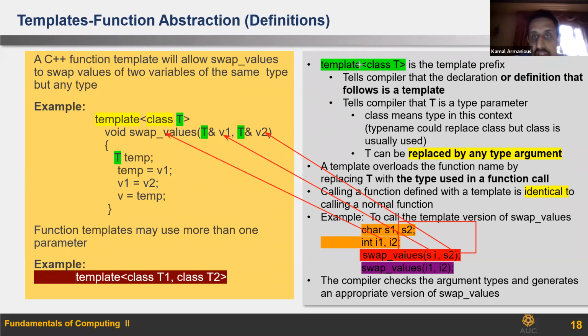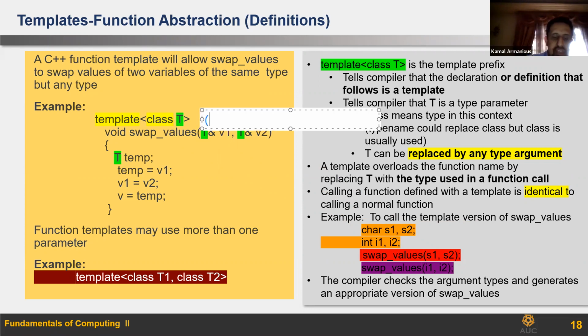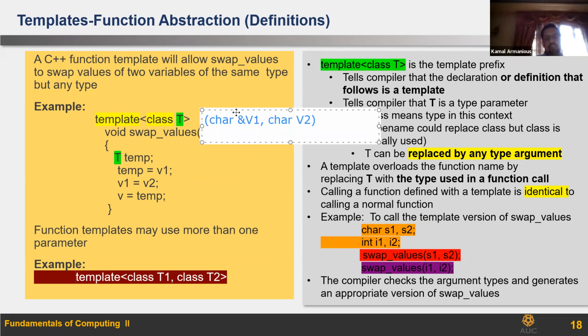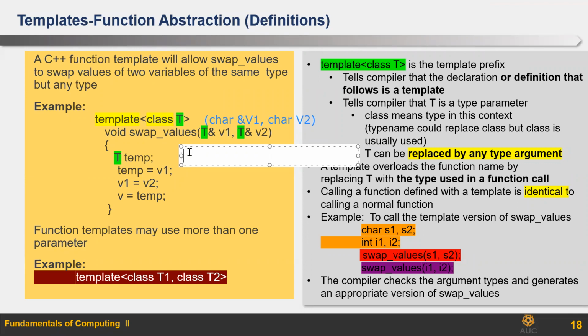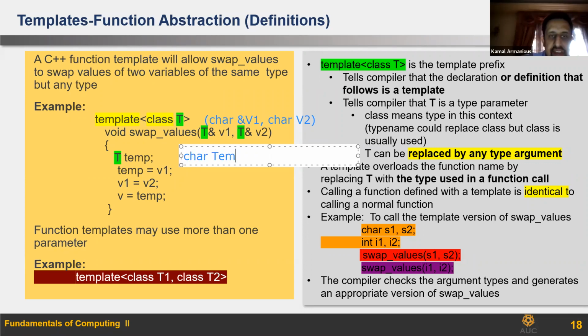So if we want to formalize this, it is as if you are declaring a function and saying char V1 and char V2. And then this T here is what, Abdullah? So what will be the type of temp? Now it's character. So as if the character is temp. Let's do another calling for the function.